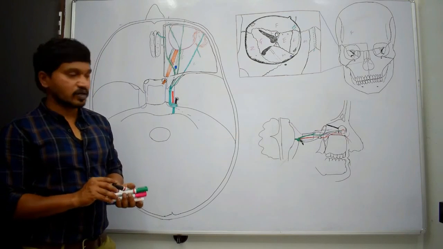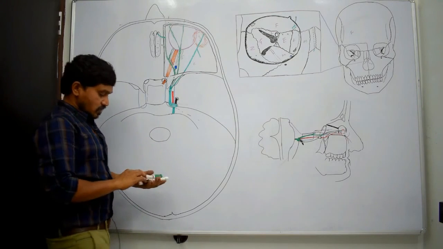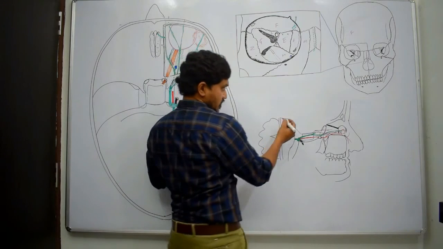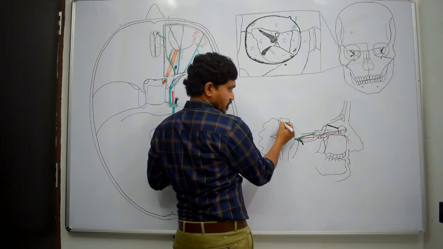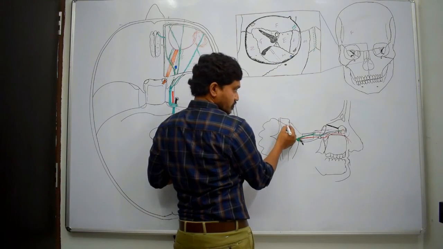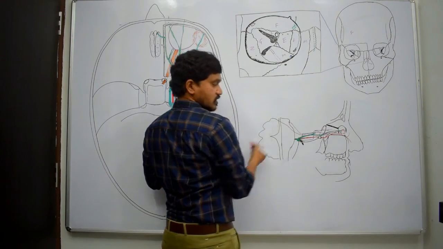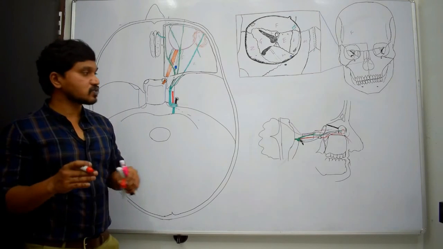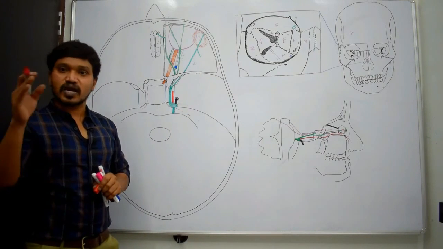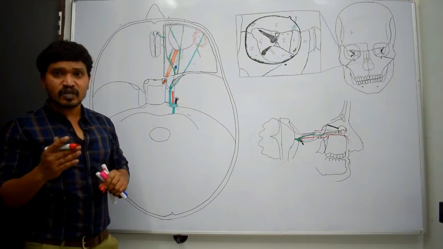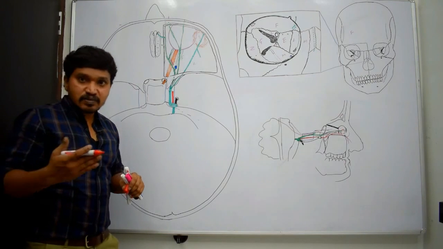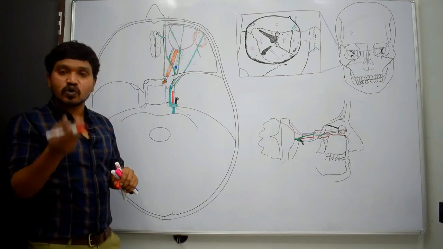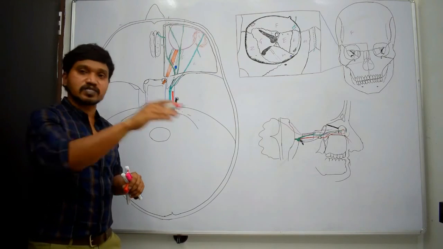Then the 4th cranial nerve. The 4th cranial nerve is also from the midbrain. It runs like this and passes through the cavernous sinus and enters the orbit after passing through the superior orbital fissure, that too the lateral part of the superior orbital fissure. Then it runs medially and reaches the lower part of the superior oblique muscle, where it supplies.